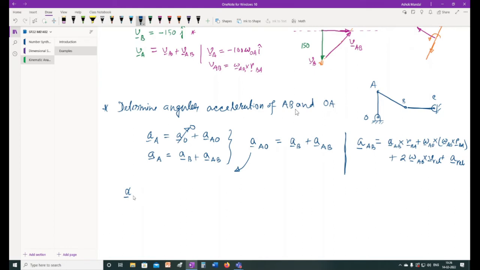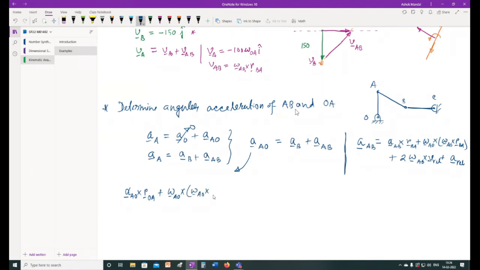So alpha AO cross R OA. This is the first term. Second term, omega AO cross omega AO cross R OA.